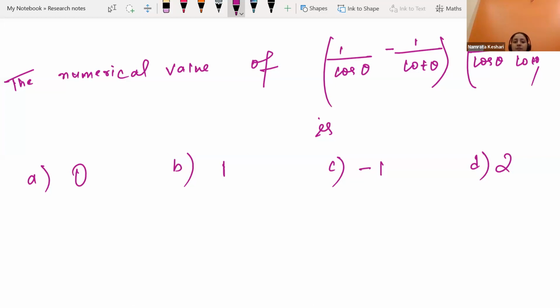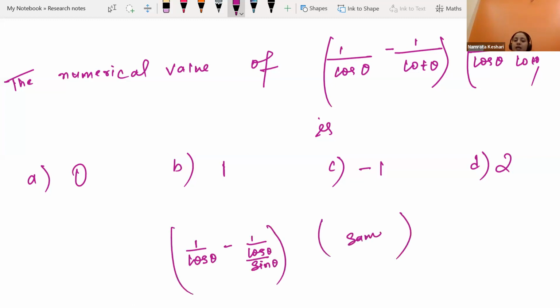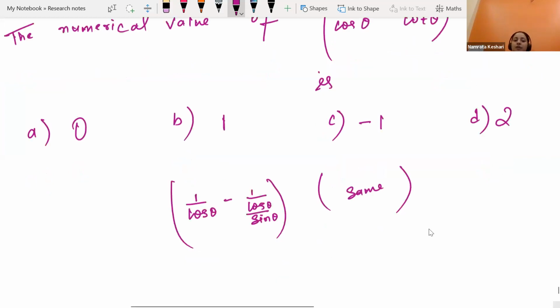Please tell me. It is 1 by cos theta minus 1 by cot theta. Okay, cot can be written as cos by sine, right? And the same thing is there in the other bracket also, exactly the same. So what are you getting from here? It is 1 by cos, and this sine will go over here, so we'll be having sine theta by cos theta.